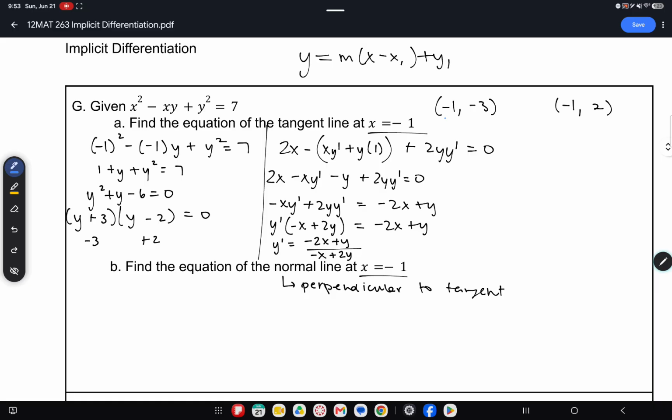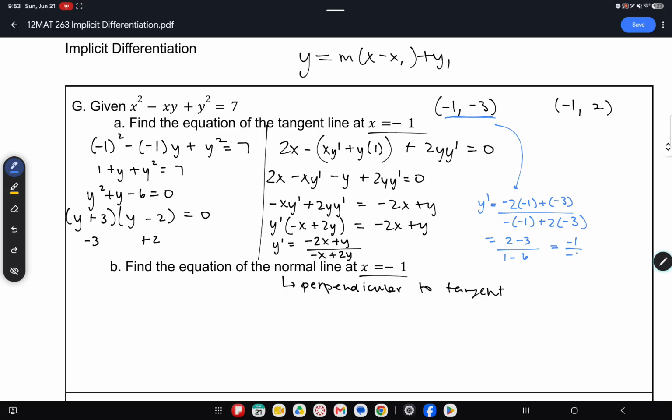So I'm going to do it in different colors. I'm going to do this one in blue. So I've got that y prime is going to be -2 times -1 plus -3 over -1 plus 2 times -3, which will leave me with 2 minus 3 over 1 minus 6.